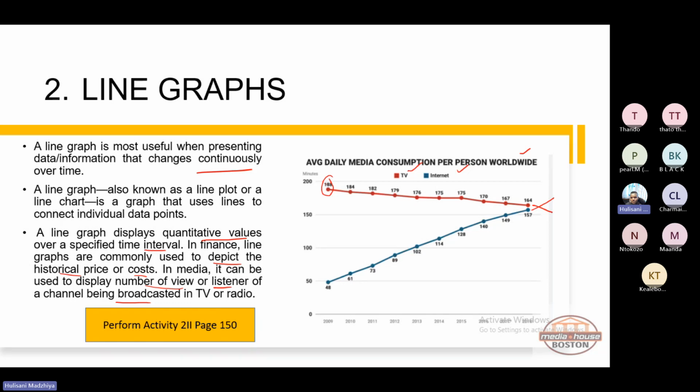They'll spend more hours on the internet. Like what we are doing now, we are using the internet to conduct our classes. So more hours are spent on the internet rather than on TV. Back then we would have been in class, but now we are using the internet to conduct classes.